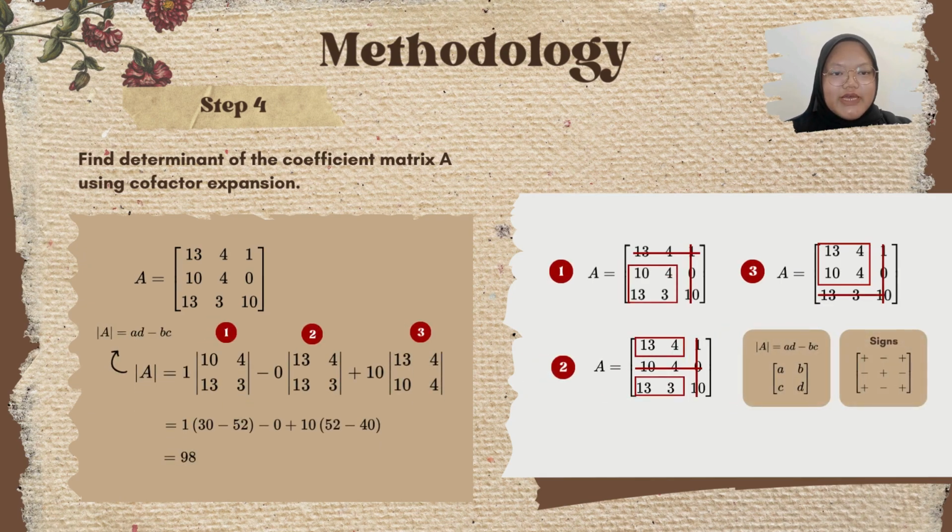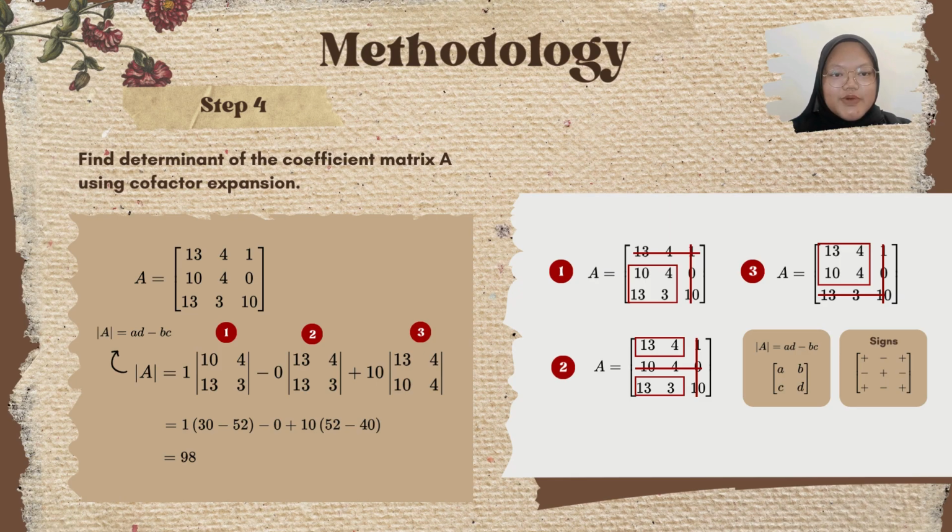Step 4. Find the determinant of the coefficient matrix A using cofactor expansion. The formula of the determinant is det A equal to AD minus BC. You can choose any row or column to find the cofactor expansion, but we choose the third column since it has a zero value, to easily find the cofactor expansion.